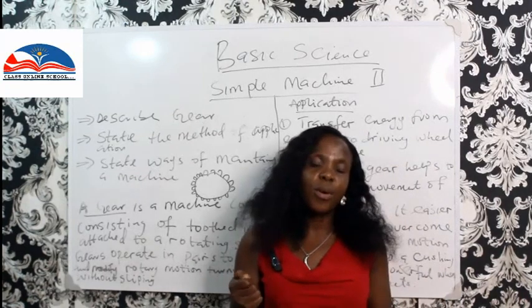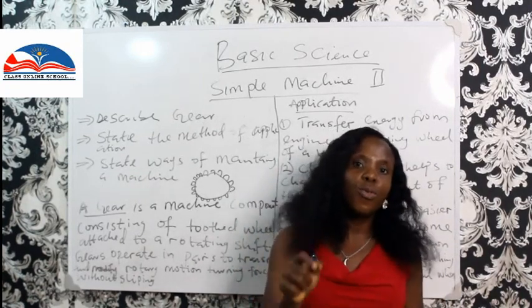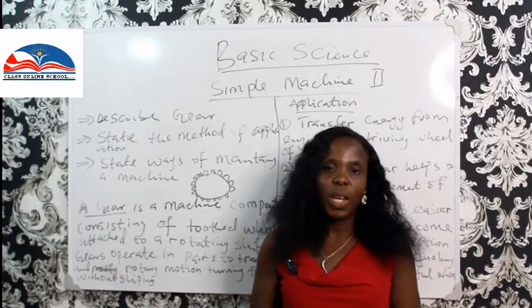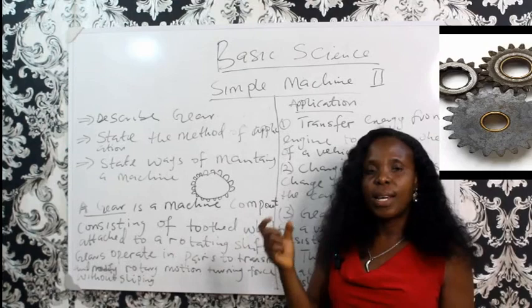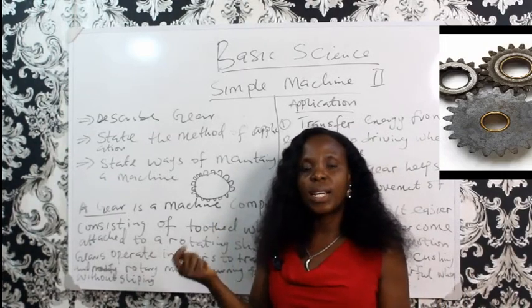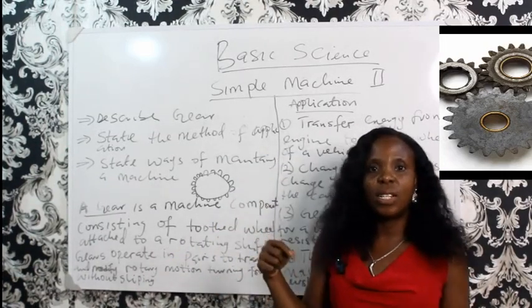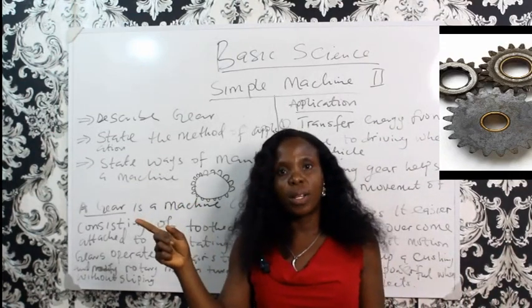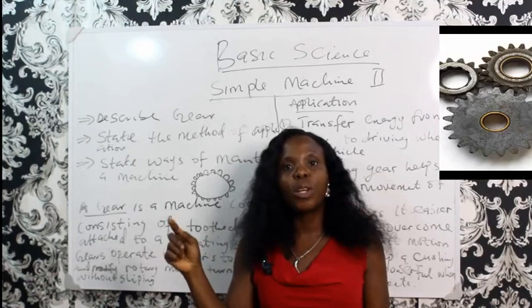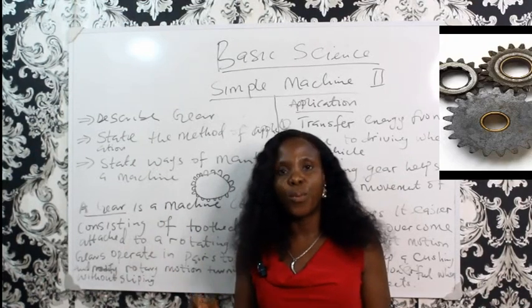If you start a vehicle, for it to move, you have to put it on a gear. The gear is a toothed machine component that transmits energy to the driving wheel of the vehicle or the motorcycle or the tricycle.